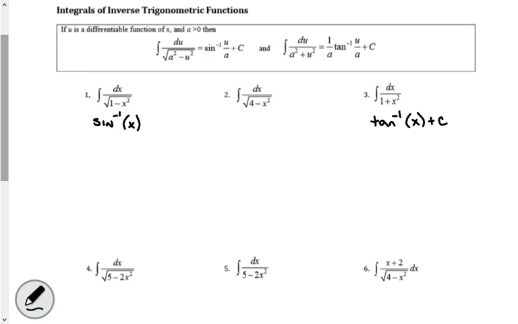Okay, I'll show you how to do 2 if you memorize the formula way. This would be, a would equal what? 2, and u would equal just x, right? Is a always a number? Yeah. So I have a du of what?